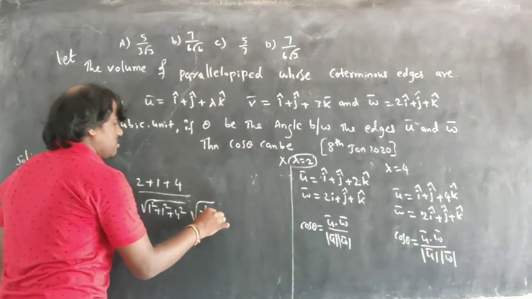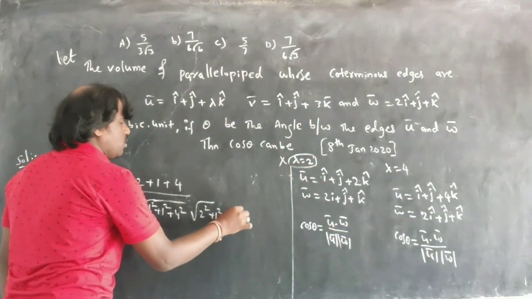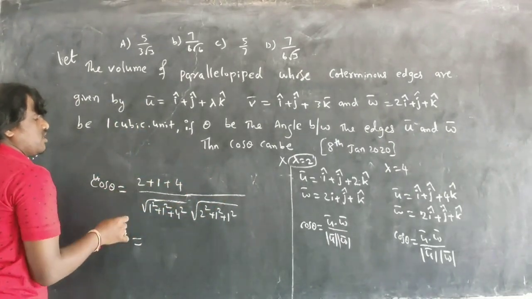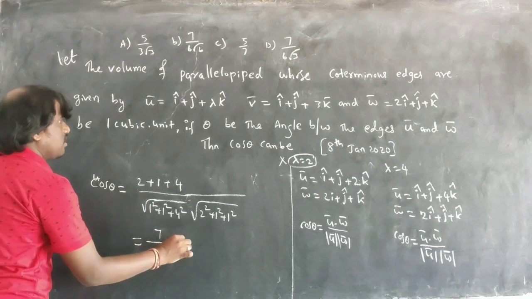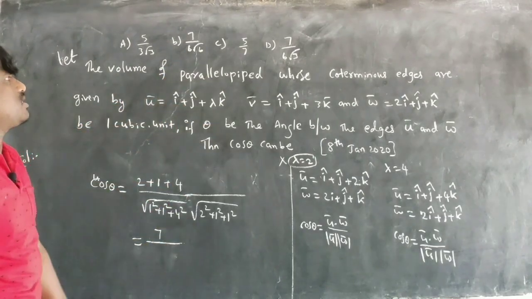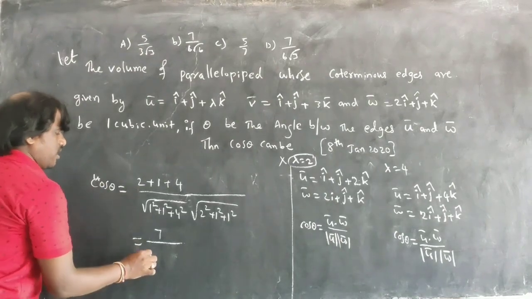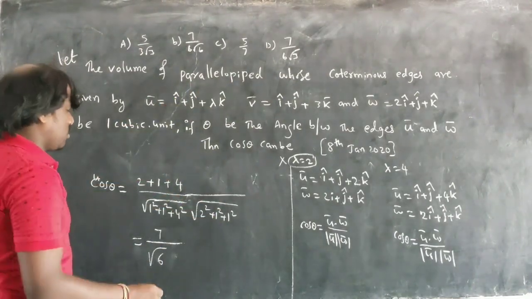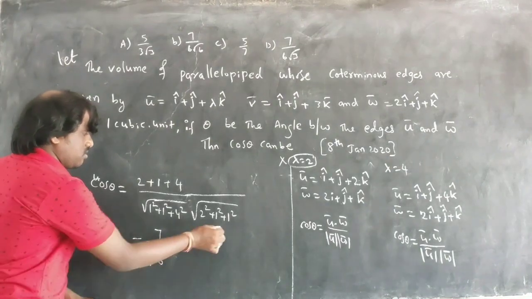The magnitudes we know already, we have done many problems. So 4 plus 2 is 6, 6 plus 1 is 7, so 7 upon. B and D are the options with 7, and the root of this one is 6 in both.